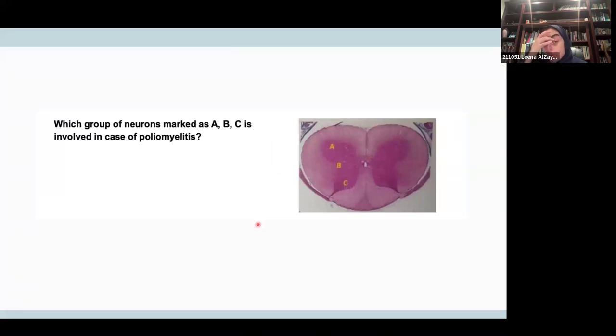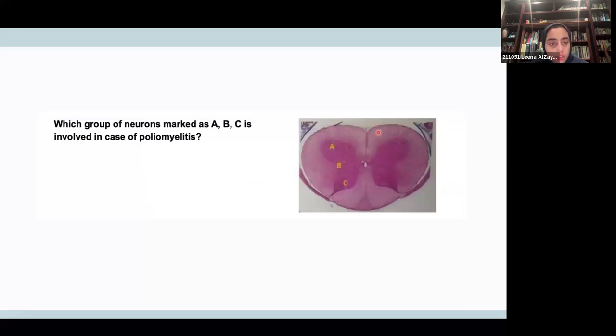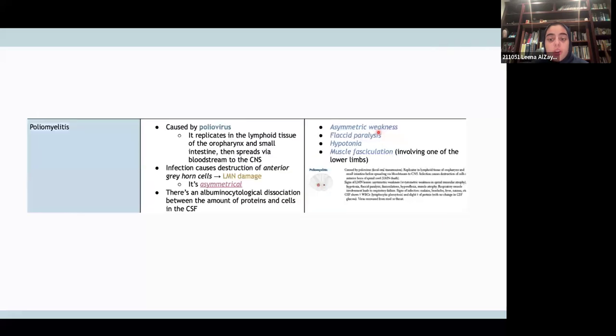Which of the following neurons are marked or involved in the case of poliomyelitis? Did I not put an answer for this? Oops, I didn't put an answer for this, but I think you're right.